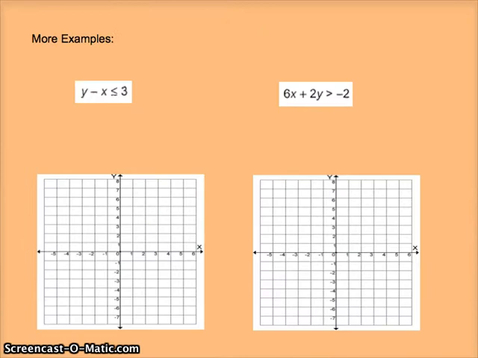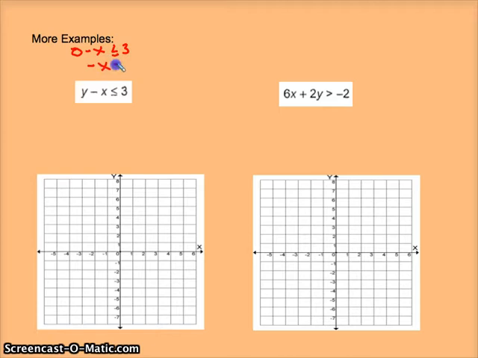For each of these examples, I will show you how to graph using the intercepts and slope-intercept form. So first, the intercepts. All right, if I plug in 0 for y, I've got 0 minus x is less than or equal to 3.